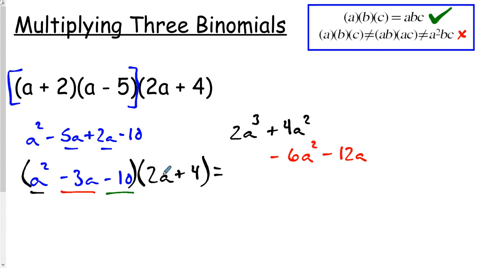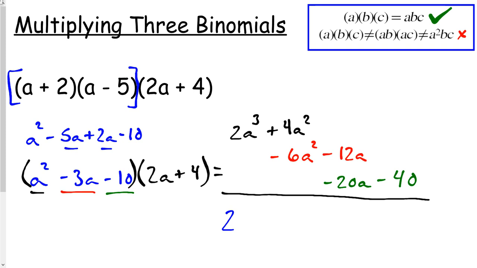So now I'm going to distribute that to the binomial 2a plus 4. So negative 10 times 2a is going to give me negative 20a. Again, like terms are all lined up. And negative 10 times positive 4 is negative 40. Okay? So if I go and combine all of my like terms, then I'm going to be able to write my answer as 2a cubed.